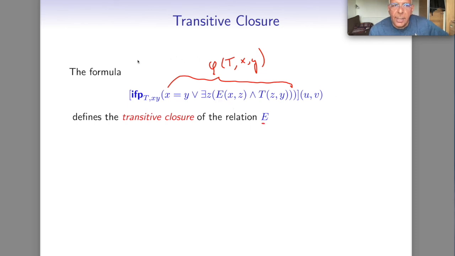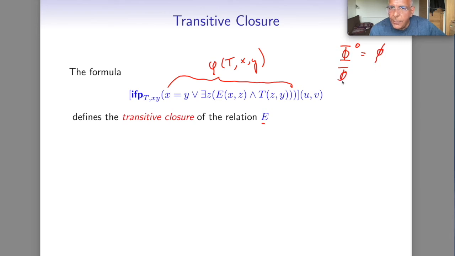And the point is that this whole formula defines the reflexive and transitive closure of the relation E. So let's look at why that's the case. You look at the formula inside phi, and T is a free relation variable. If you look at the operator it defines, what is stage 0? Stage 0 is always the empty relation.